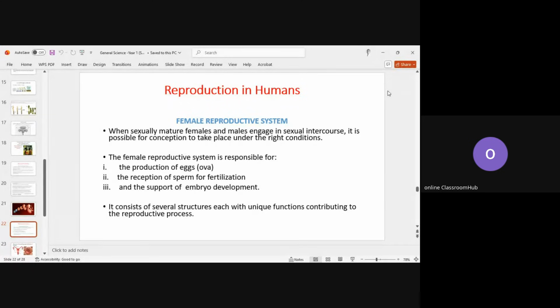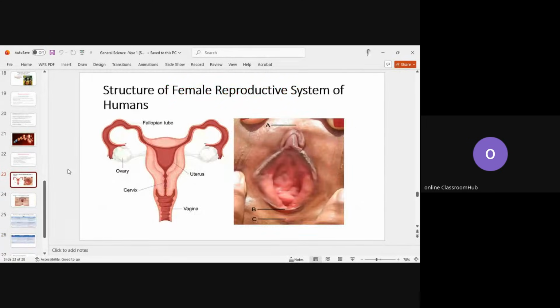All right, so the questioning is taking much part of our time. Please, let's proceed. So let's look at the female reproductive organ. This is the structure of the female reproductive organ. Now, this is the fallopian tube where fertilization occurs. This is the ovary, which produces the egg.